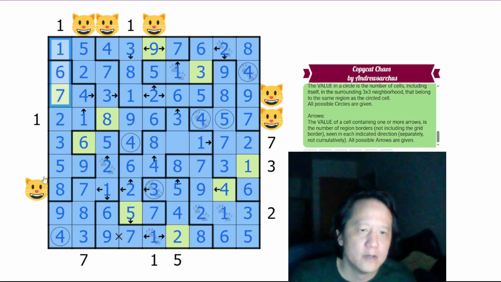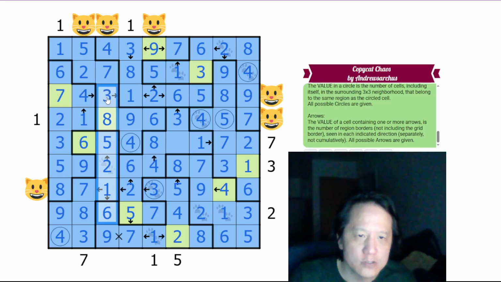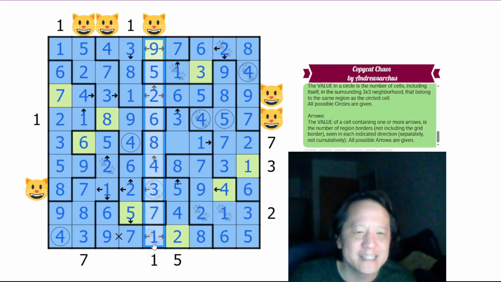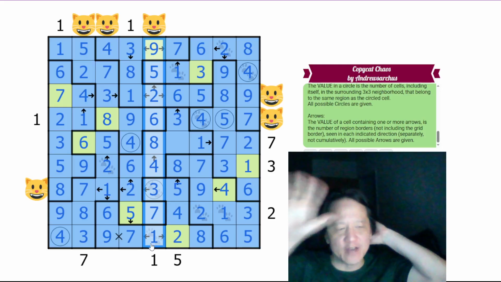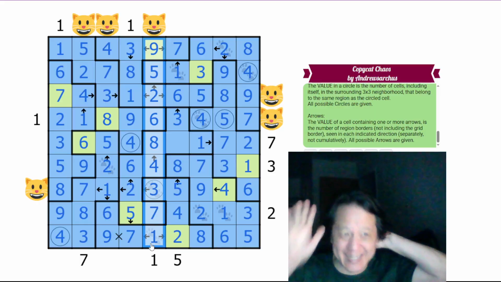Columns. 1, 2. 1, 2, 3, 4. 1, 2, 3. 1, 2, 3. 1, 2, 3, 4, 5, 6, 7. Okay. In rows, we have 5 at most. In columns, we have 7 at most.